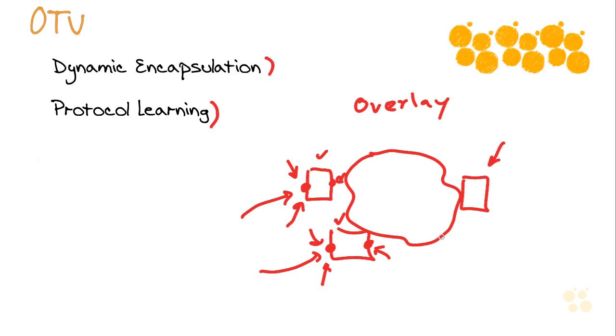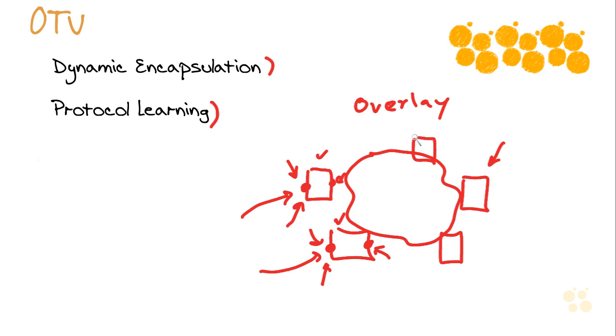Now remember, in order for this to work, these different edge devices need to be able to discover each other. We call this neighbor discovery and adjacency creation. It can be done in one of two ways, as you recall.